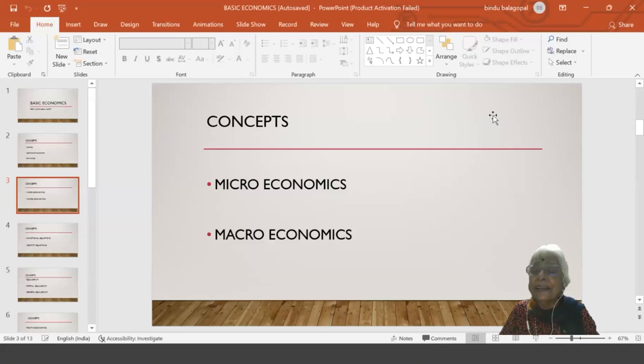When does he stop eating apples? When does he get maximum satisfaction? Or you move on to the producer. What is the price at which he maximizes his profit? What is the price-quantity situation at which he is maximizing his profit? These things are analyzed in microeconomics.